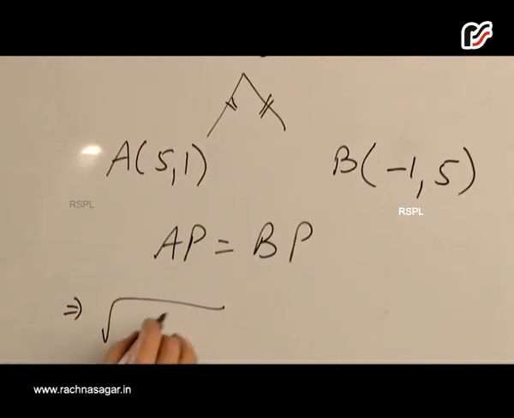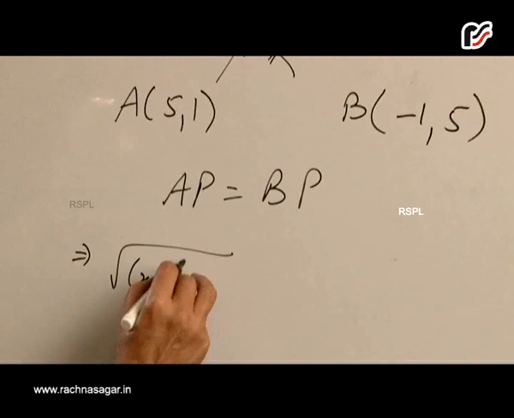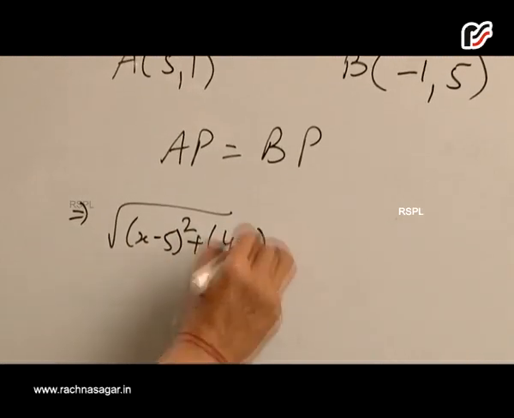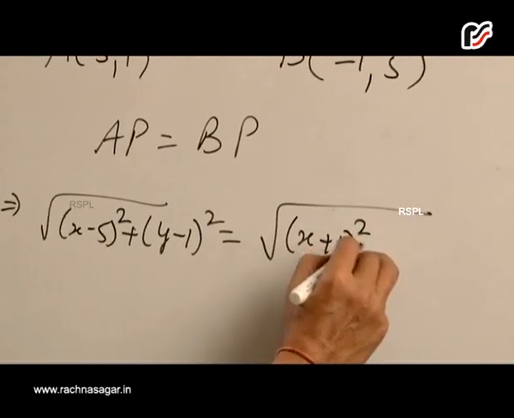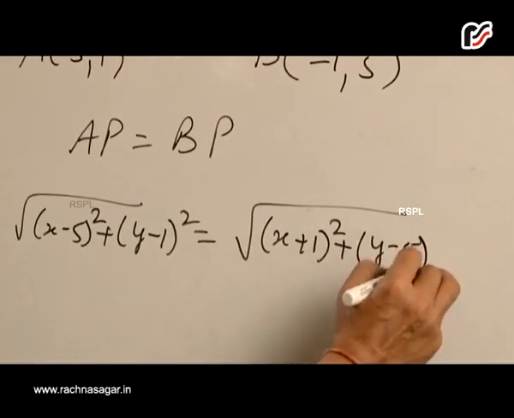This implies root of (x − 5) whole square plus (y − 1) whole square equals root of (x + 1) whole square plus (y − 5) whole square.